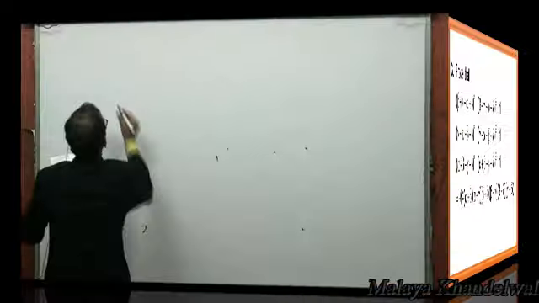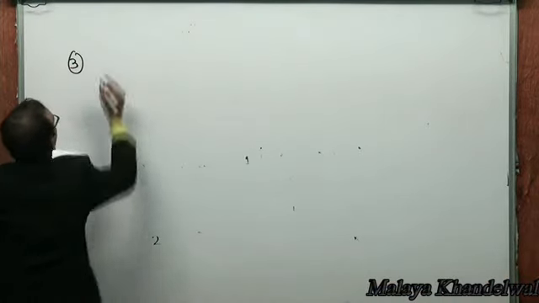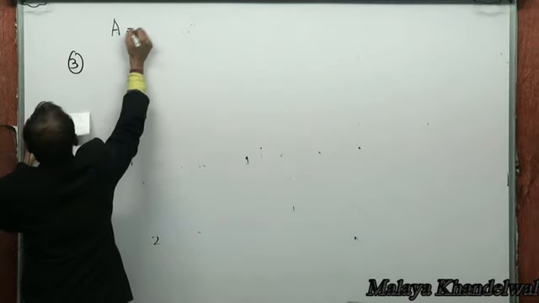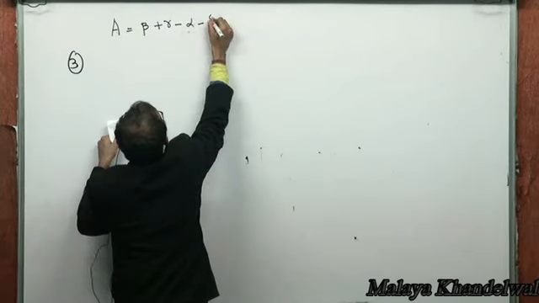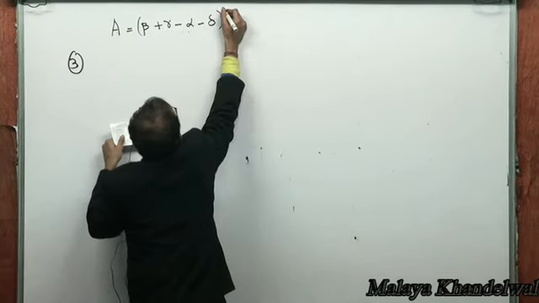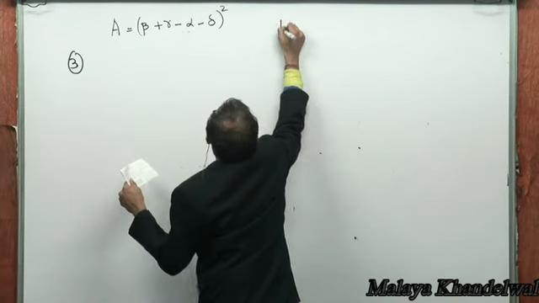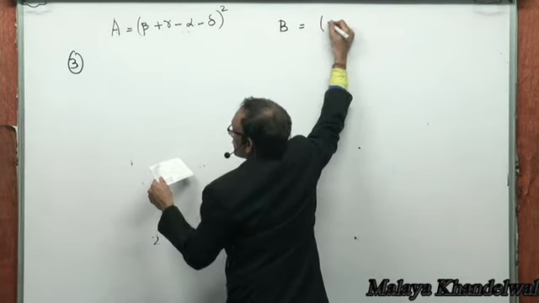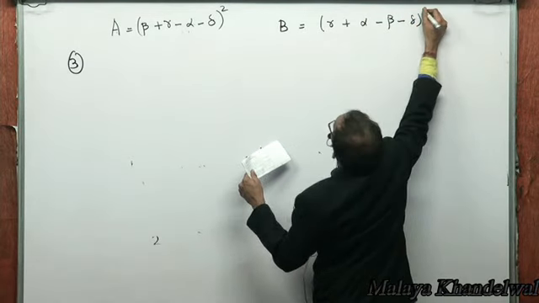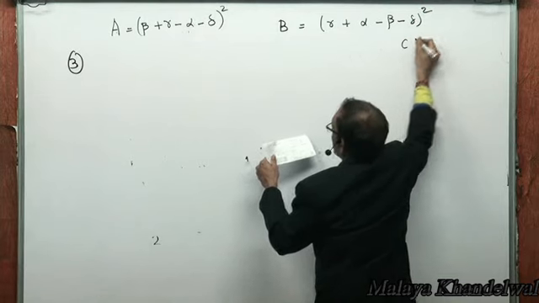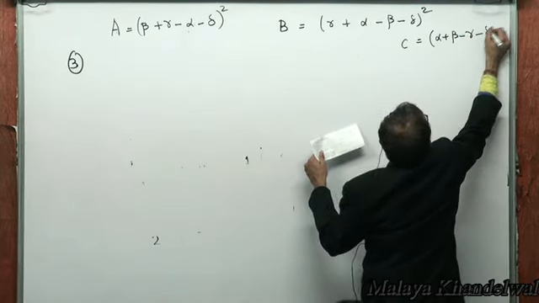Number 3, just to avoid clutter, I take A as (beta plus gamma minus alpha minus delta) whole squared, B as (gamma plus alpha minus beta minus delta) whole squared, and C as (alpha plus beta minus gamma minus delta) whole squared.